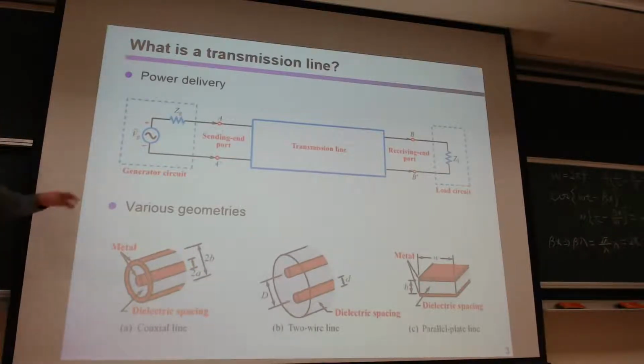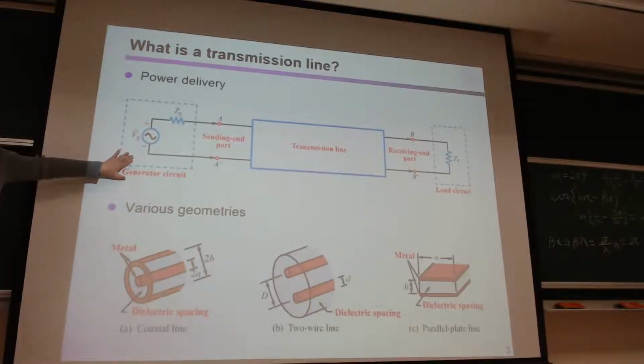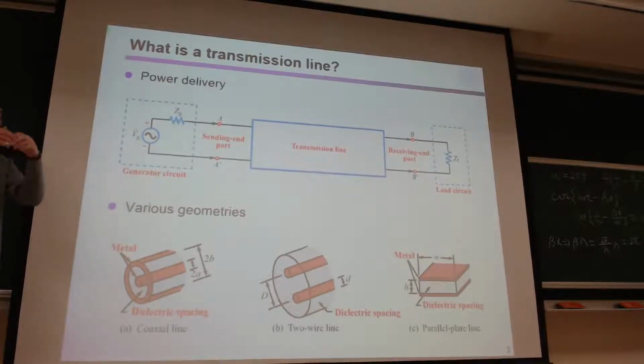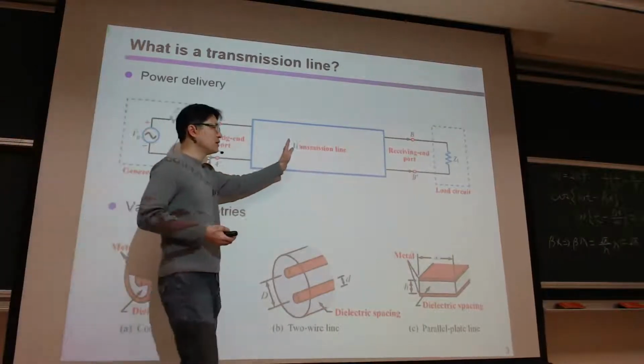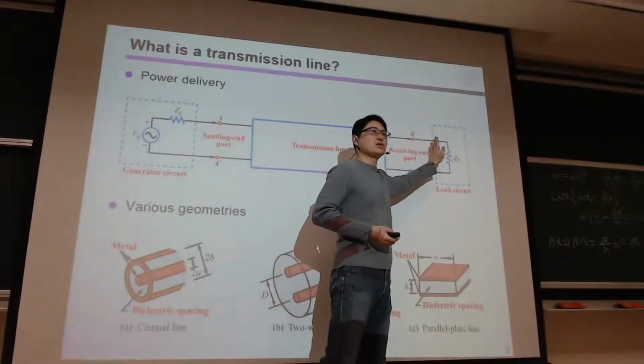Okay? So you have your generation circuit. This is maybe the dam, okay? The reservoir, maybe you can generate power using water, and then the powers are somehow generated, stored, and then delivered over a very long distance to us.